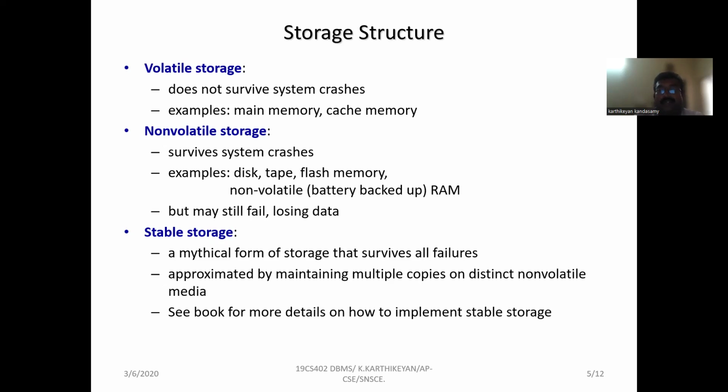Sometimes, once the system has a hardware or software crash, your data is lost in the sectors. Stable storage is a mythical form of storage that survives all failures, approximated by maintaining multiple copies on distinct non-volatile media. See the book for more detail on how to implement stable storage. This is the storage structure.